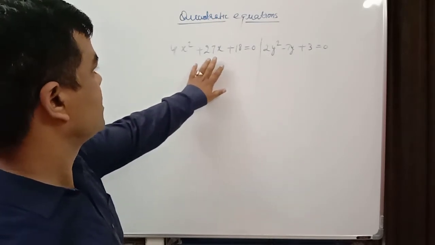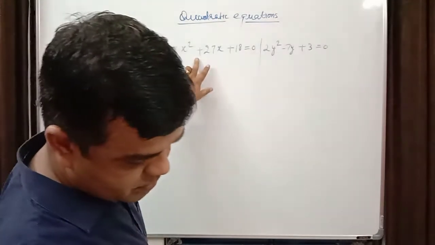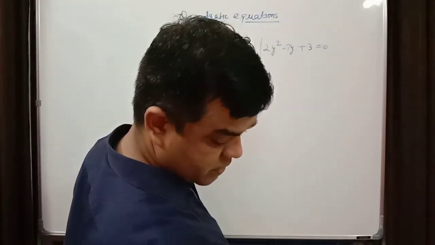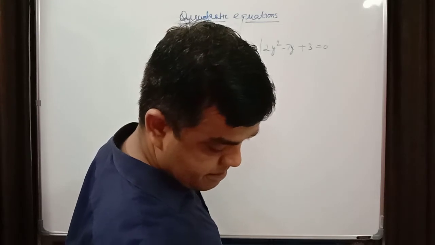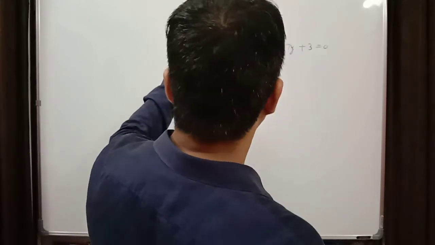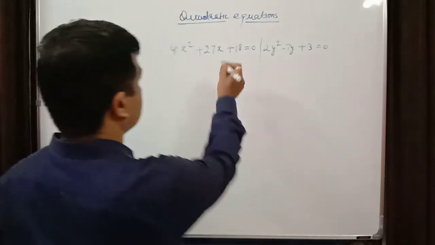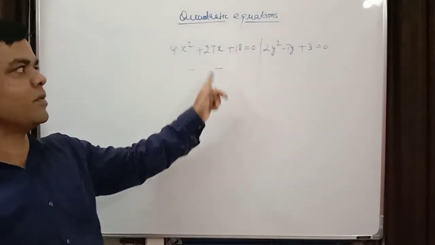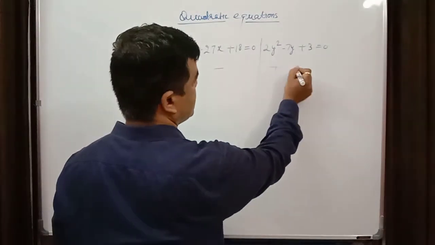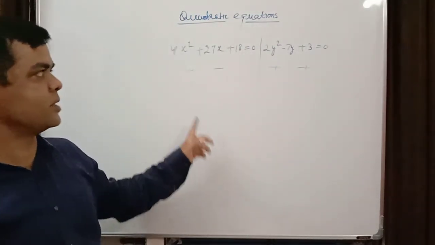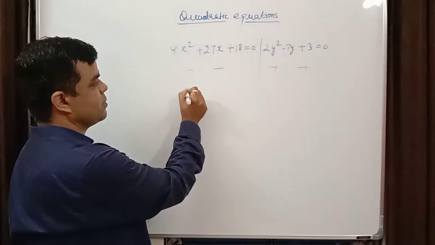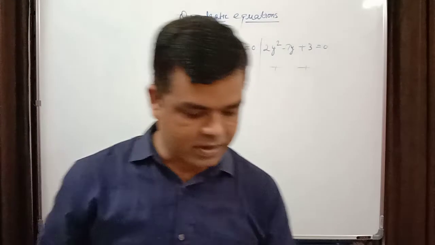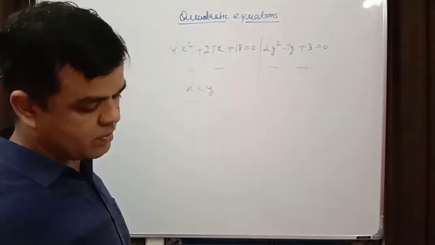Here both the roots will be negative because all signs are positive. Here both the roots will be positive. You can observe it very easily. So by comparison, x is less than y. Easily without solving, you can mark x is less than y.